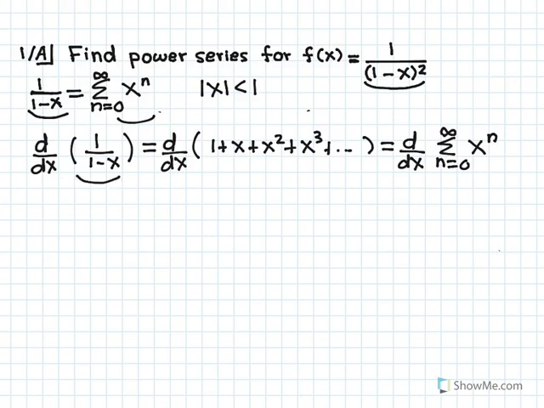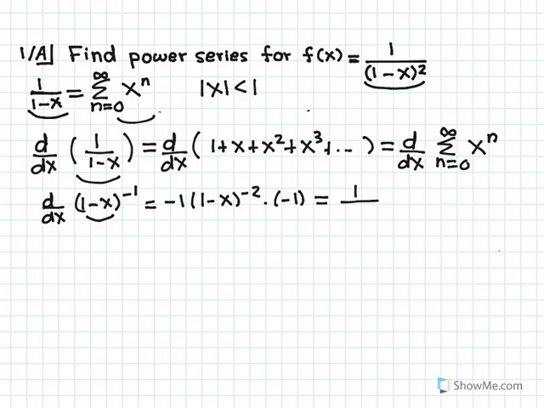Now when we differentiate the left side, we have (1 minus x) to the power of minus 1. Apply the power rule and the chain rule. Bring the exponent down, negative 1 times (1 minus x) to the power of minus 2. Multiply by the derivative of the inside using the chain rule, multiply by negative 1. If we simplify this, we get 1 over (1 minus x) to the power of 2.